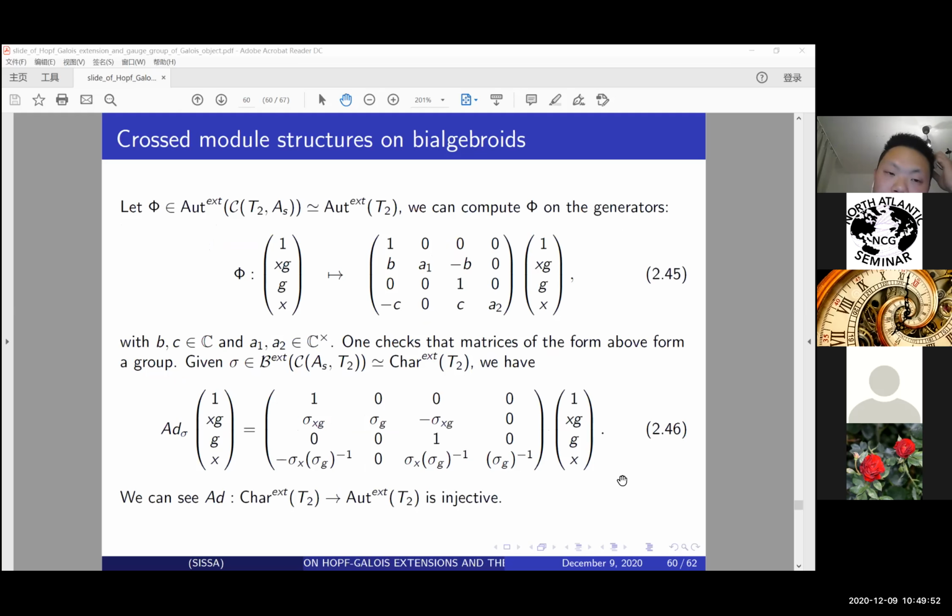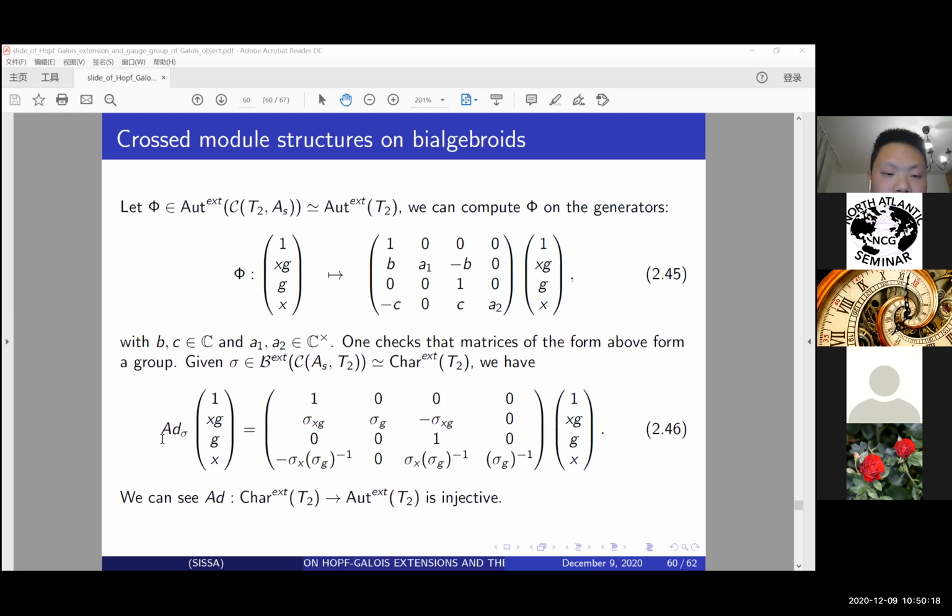And finally, the extended version of the automorphism is just extended on T_2, and can be represented by its basis matrix given by 2.45 with diagonal elements A1, A2 being non-zero, and one can also check for any given extended bisection.